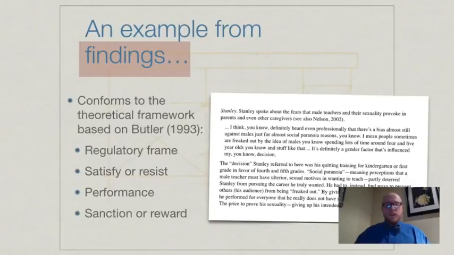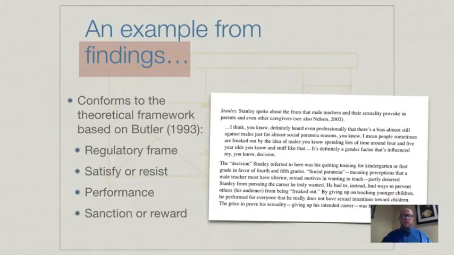So, as I showed you earlier, the way of talking about this conforms very well to the theoretical framework based on Butler's 1993 work. First, I point out a regulatory frame, that is, the frame that male sexuality is dangerous to young children.